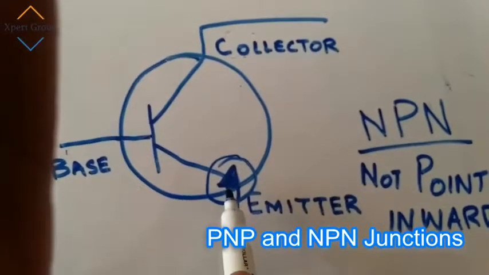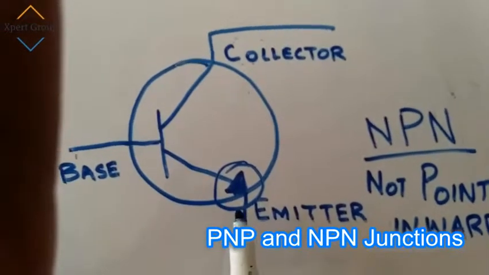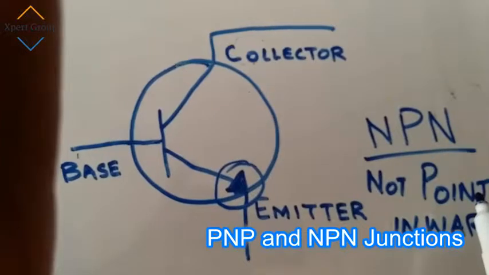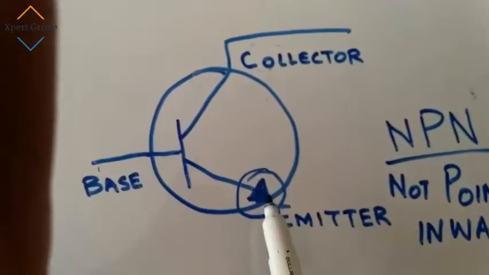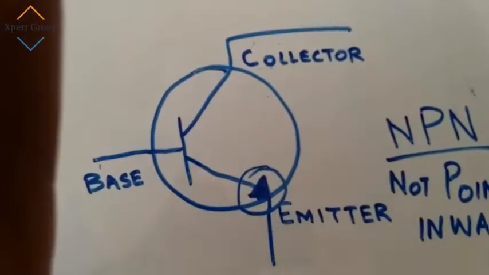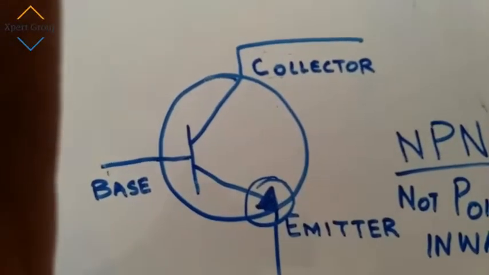If this arrowhead is not pointing inward, then it will be an NPN transistor. And if it is pointing inward, then it will be a PNP transistor.